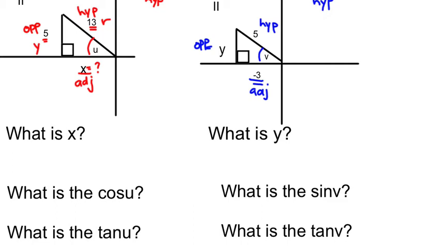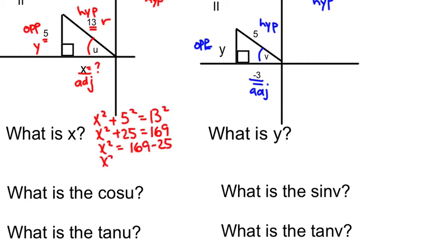So I'm going to take x squared plus y squared equals r squared. x squared plus 25 equals 169. Subtract 25 from both sides. x squared equals 144. x equals plus or minus the square root of 144, which is plus or minus 12.